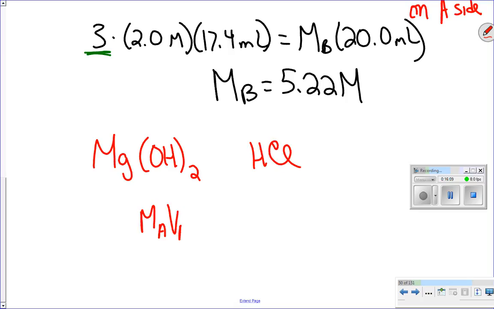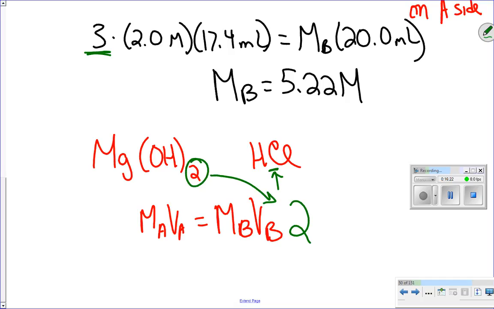In your MaVa formula, we do only have a 1 here, so we're not going to put anything on the acid side. Because of the 2 on our basic hydroxide, we are going to add a 2 over on our basic side. So you have to add something if you have a coefficient with your base.